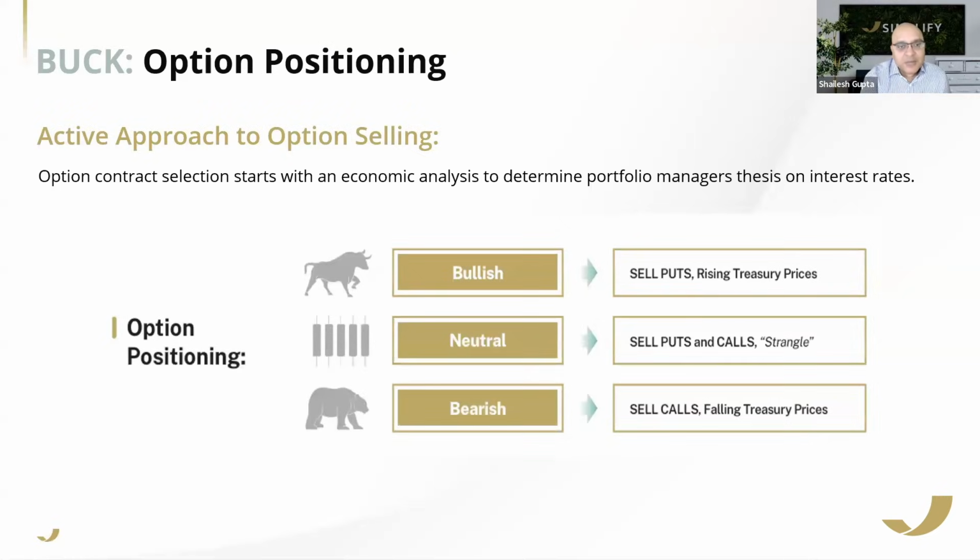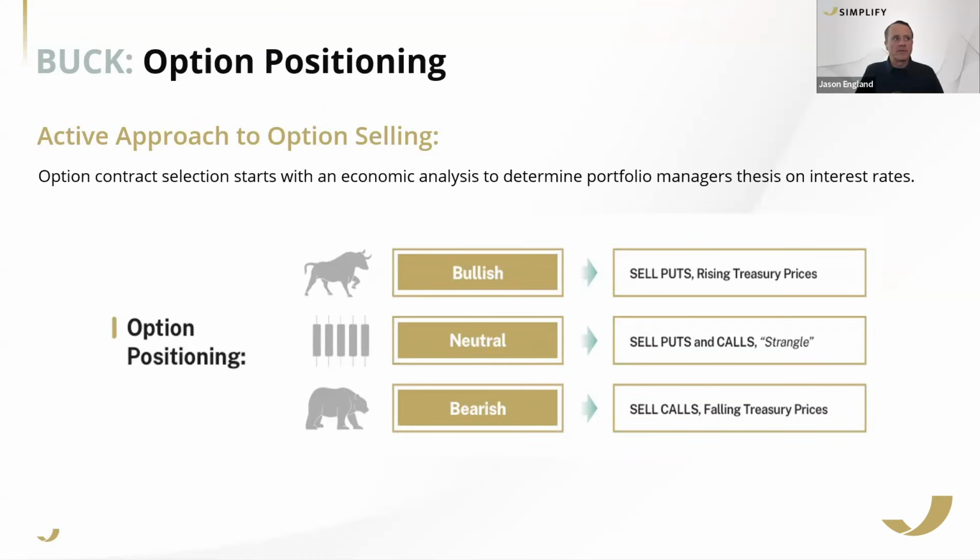So that's why we keep the option expiries short dated, so that even if the rates are trending in one direction, if they're slow enough, the options still make money, because the prices of the Treasuries don't move so much that they would hurt the option portfolio.